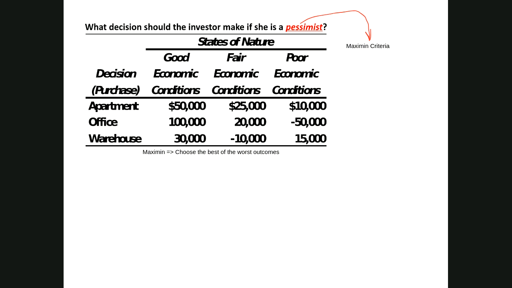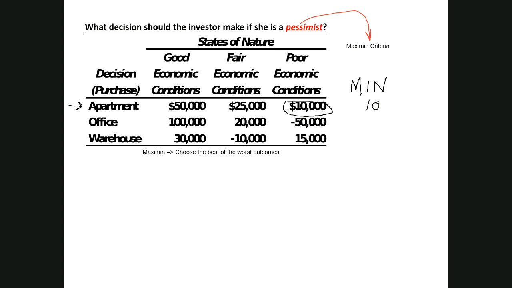And the way this proceeds is we're going to again build a column, and we're going to look at these returns. And for the apartment, we're going to determine what is the worst. If you invested in the apartment, what's the worst return? And that worst return is $10,000. It would still be a profit, but it's $10,000.